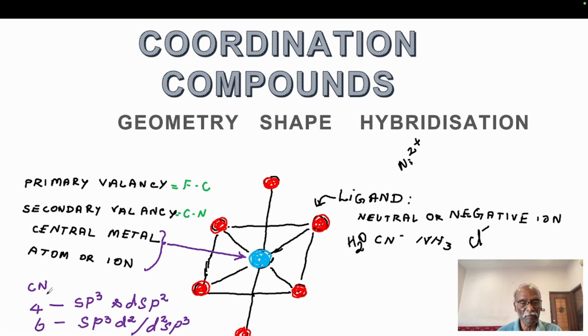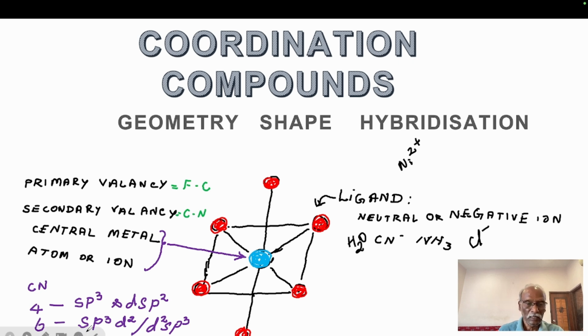Suppose the coordination number is 4. The hybridization is sp3 or dsp2. If the hybridization is sp3, it is tetrahedral in shape; dsp2 is square planar. If the coordination number is 6, it means there are 6 ligands surrounding the central atom, and hence in this particular example the coordination number is 6.